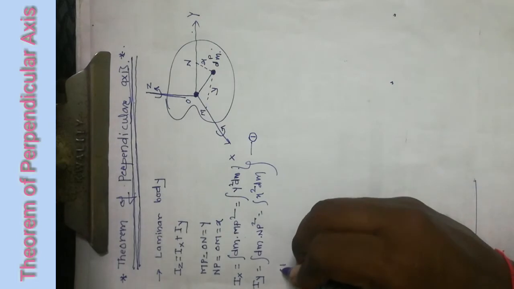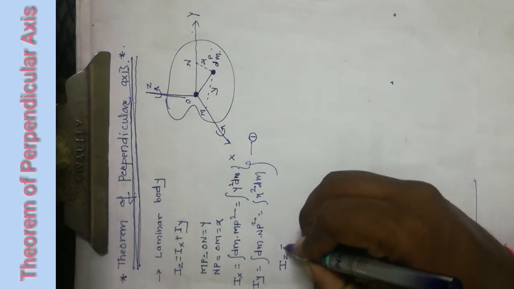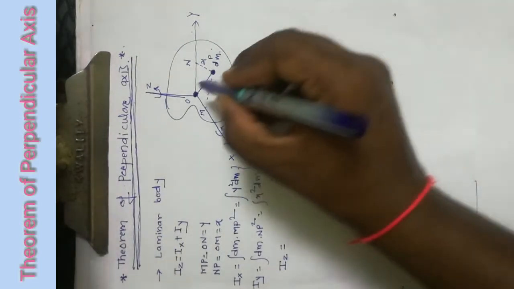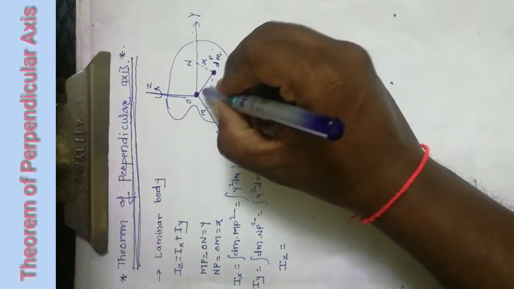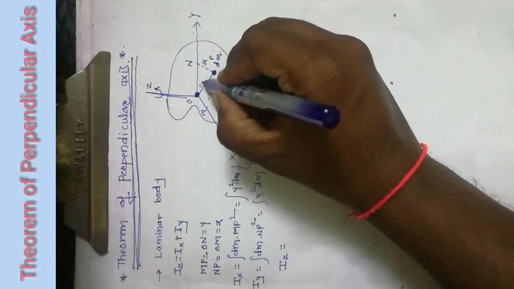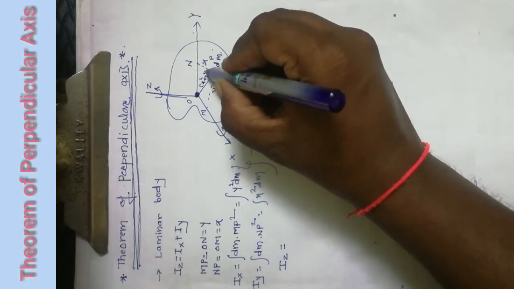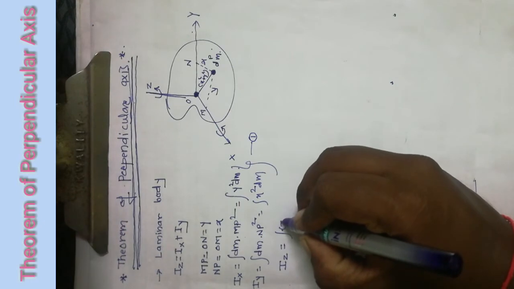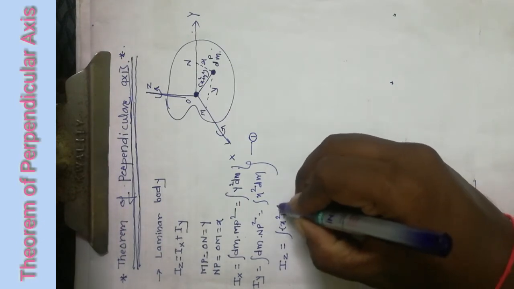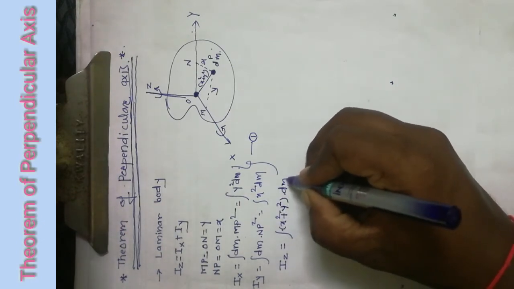Therefore Iz is equal to, now this distance we need to find out. These are right angle triangles, so this distance squared will be equal to x square plus y square. So I will write the integration of x square plus y square into dm.